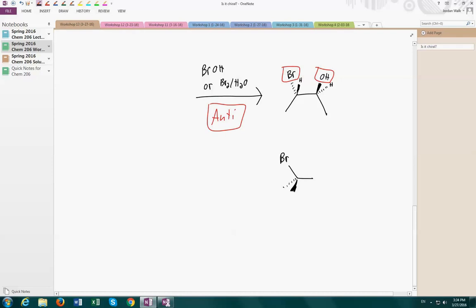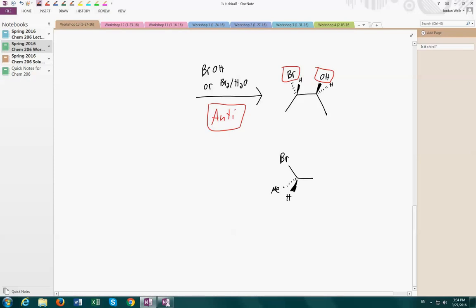And here's my methyl straight down. And so if I rotate my bromine, the methyl is going to rotate in the same direction. And so is my methyl, which was straight down, going to be on a wedge or a dash now? It's on a dash now, right? It's pointed this way. So our methyl is going to be on a dash, and our hydrogen, it's still forward, it's just on a wedge. We haven't rotated a full 120. We've rotated, I guess, 60.